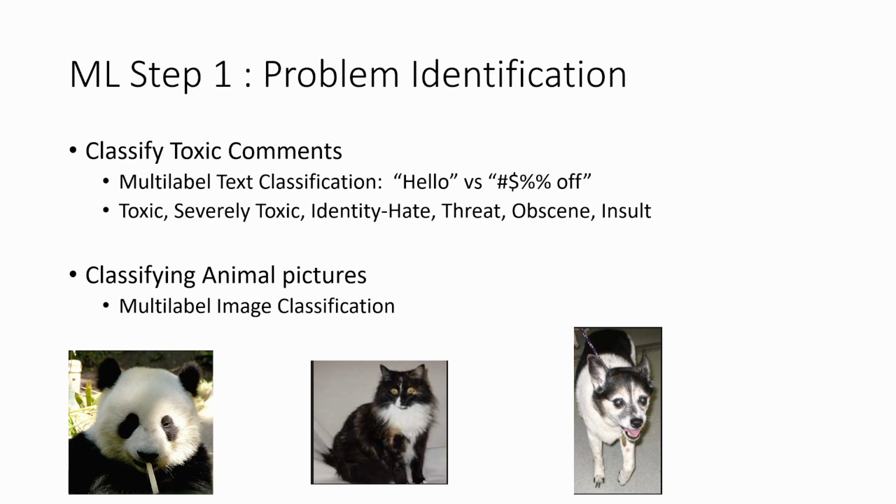So we have a data set of comments, both clean and toxic, and we want to make sure we classify all the toxic comments. There are other labels in this data set as well, like severely toxic and identity hate, but we're not going to pay as much attention to them because we don't have as much data pertaining to those categories. So we'll focus on toxic versus clean.